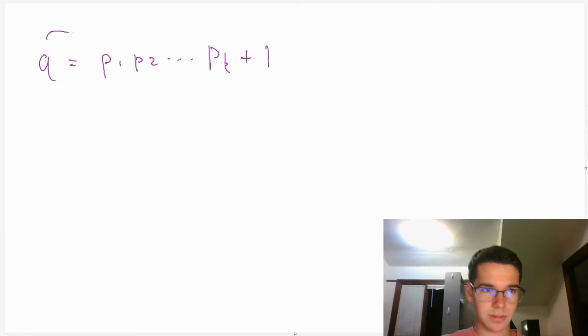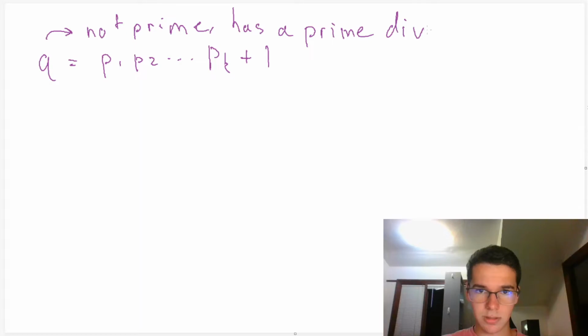So Q is not prime. And as per lemma 2.1, if it's not a prime, then it has a prime divisor. Okay?